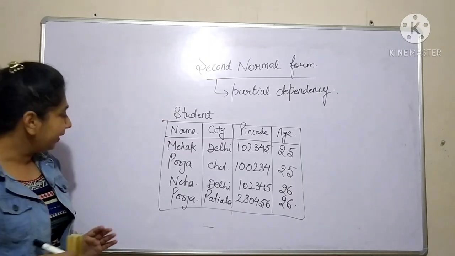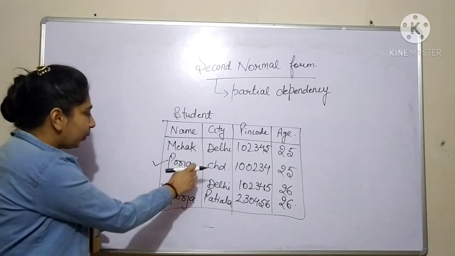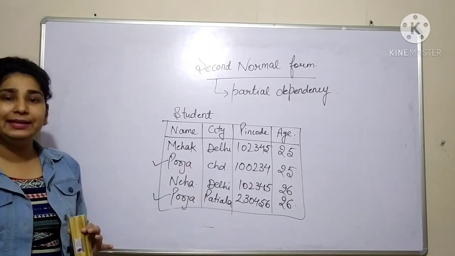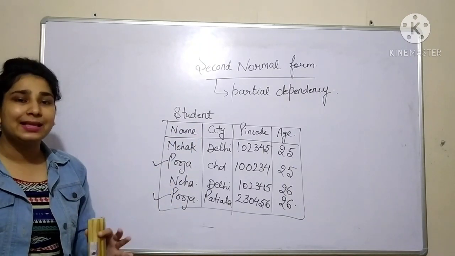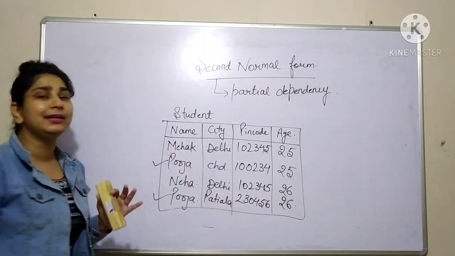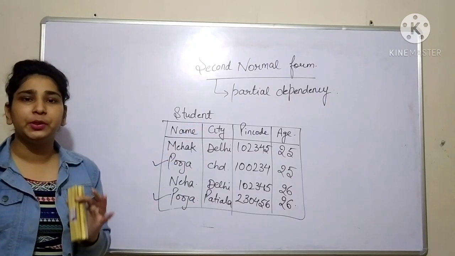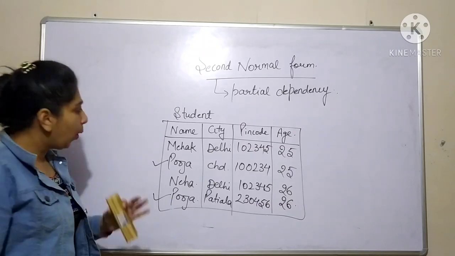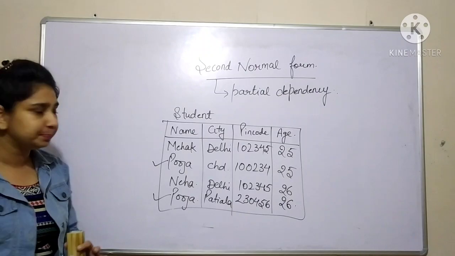No. Why? Because we have duplicacy. We have two Pooja in the name attribute. You will call an attribute the key attribute when all the values of that attribute are different, all unique.